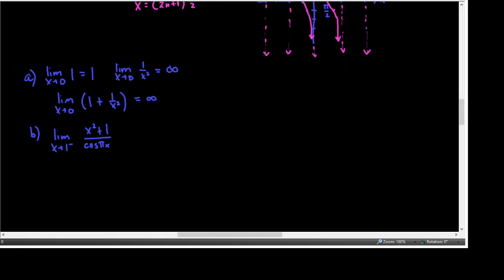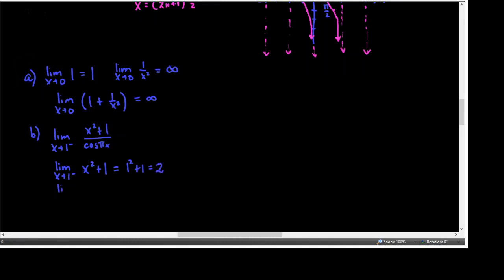To do this, we're going to find the separate limits. First, the limit as x approaches 1 from the left of the numerator function. Since it's a polynomial, we can figure that out using substitution. 1 squared plus 1 is 2.